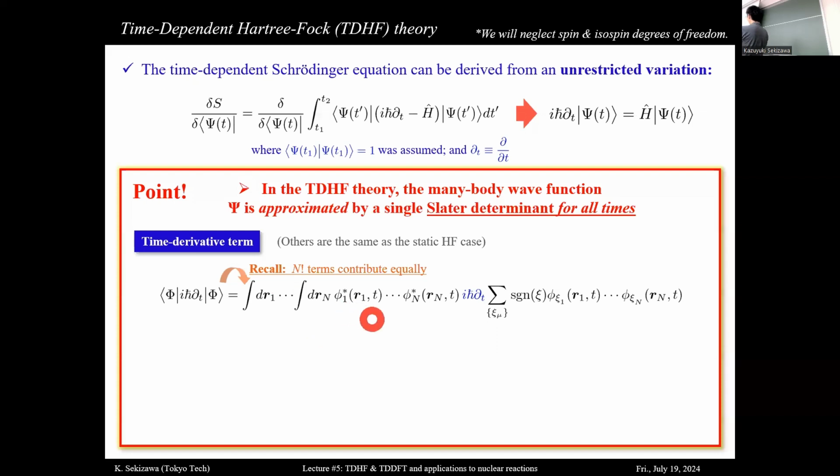For all the terms, we can change the integration variables, and the exchange of variables generates the minus sign from the other Slater determinant, so all the terms contribute equally.